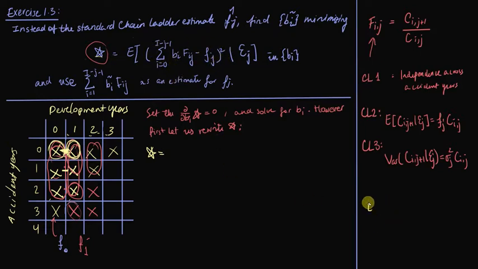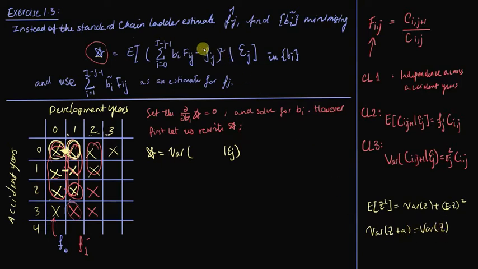Recall that the second moment of a random variable can be rewritten as the sum of its variance and first moment squared. So that is what we will try to do here. The variance of this thing inside here conditioned on epsilon j, well, the translation fj does not change the variance, since the variance is translation invariant.